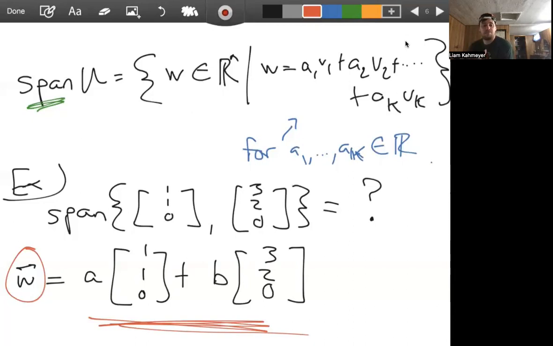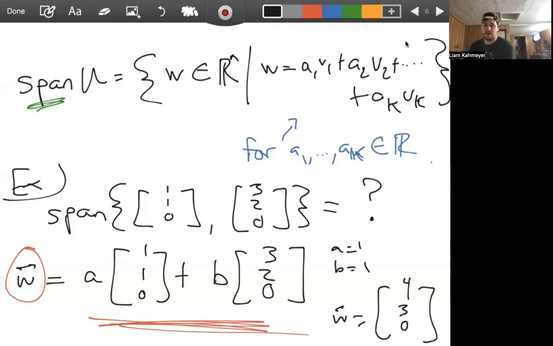If A equals 1 and B equals 1, well, then you're going to get the vector W, which is (4, 3, 0), right? And so we could say, well, the vector (4, 3, 0) is contained in the span of these vectors. And you could do that forever, right? But we want to be able to find a description for all of these vectors concisely.